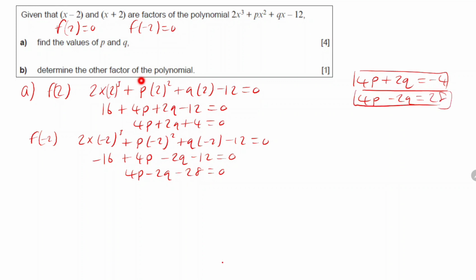And now we can solve these simultaneous equations. We've got our p's the same, so we can subtract them away. So 2q minus minus 2q is 2q plus 2q, which is 4q.